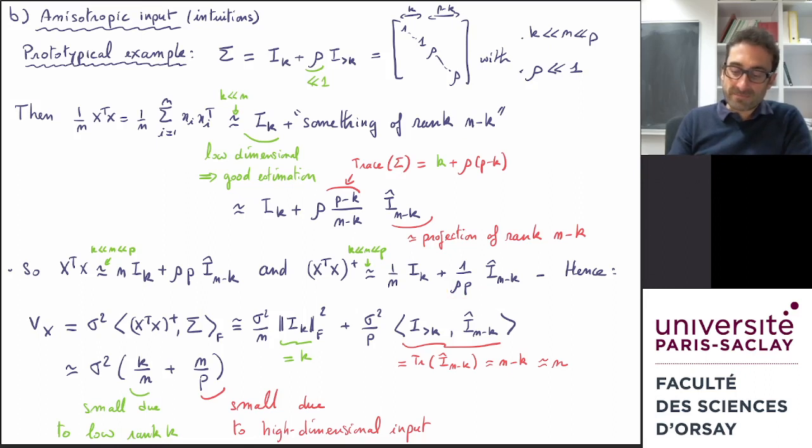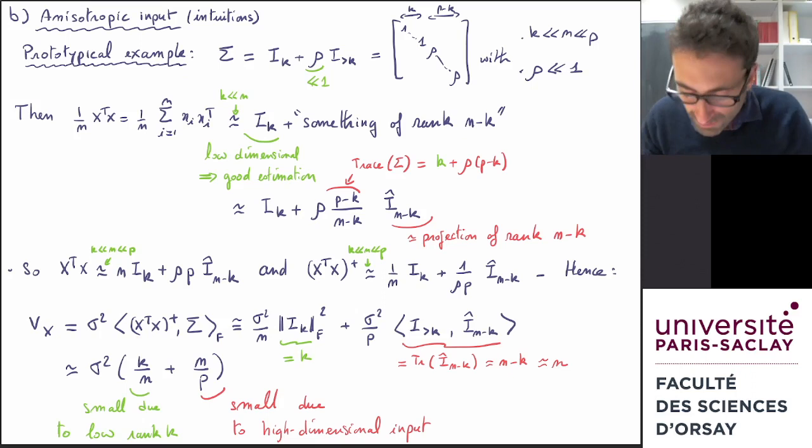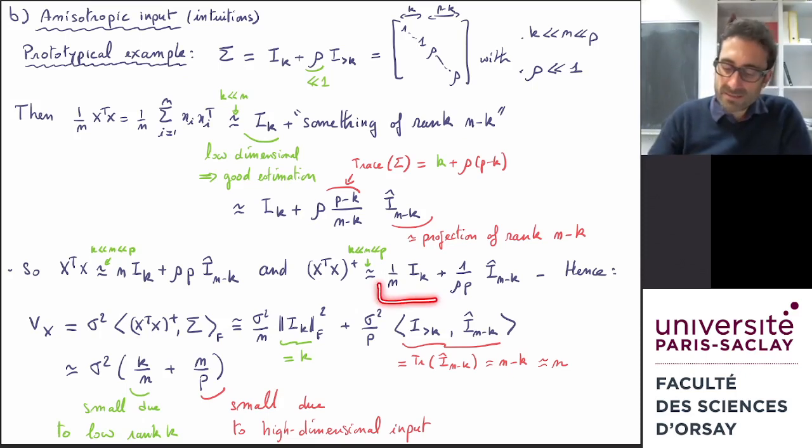So at the end, again, I will assume that this formula is correct. What do I have for the variance? My variance is sigma squared times my matrix times sigma. So I have to take the scalar product between this matrix here and this one.